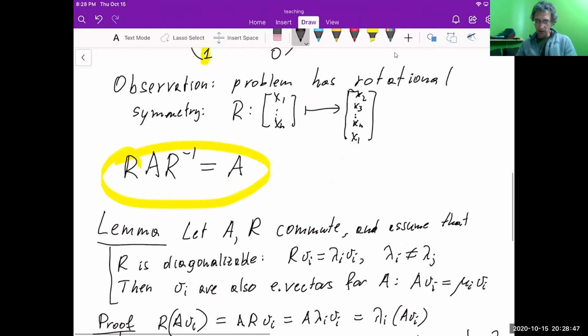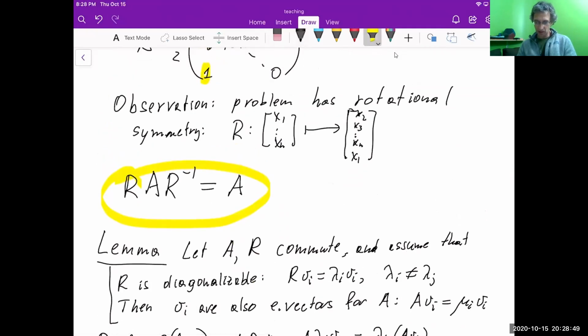So can we diagonalize this operator? The operator of cyclic permutation of entries. Any suggestions? Can we diagonalize the operator of cyclic permutation of n entries?